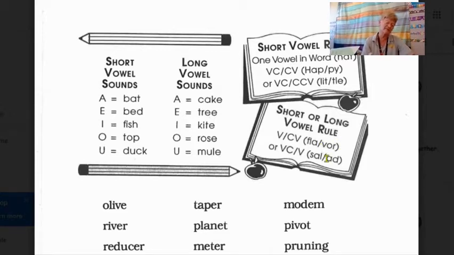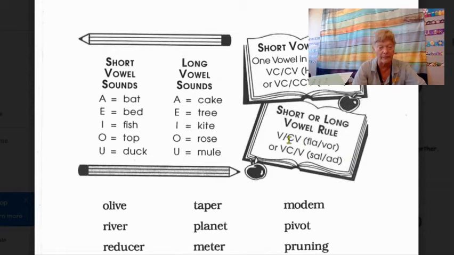But the main thing to know is that first vowel could be long and it could be short. So what you have to get really good at here is knowing both sounds they can make. A and A, E and E, I and I, O and O, U and U. And so that's what you're getting really good at now.